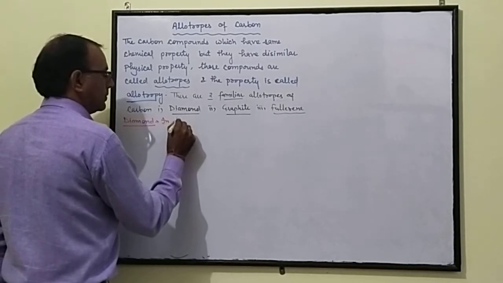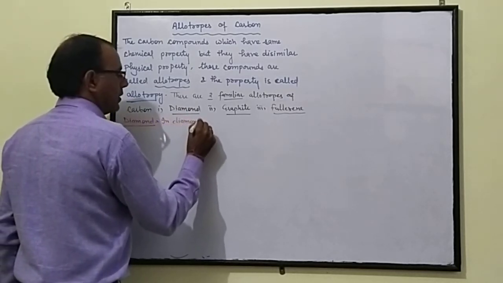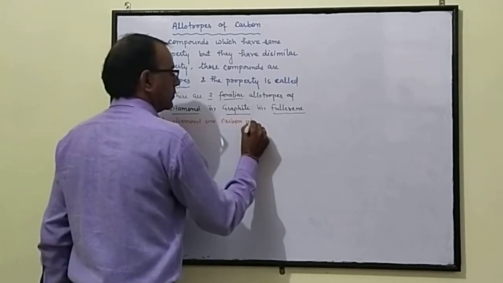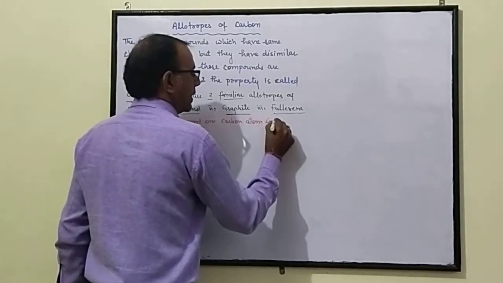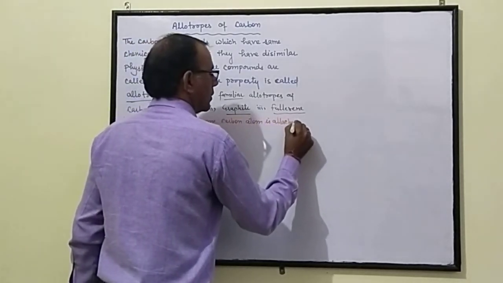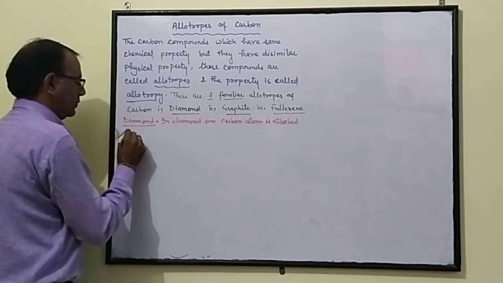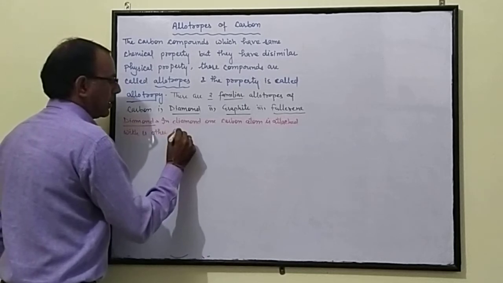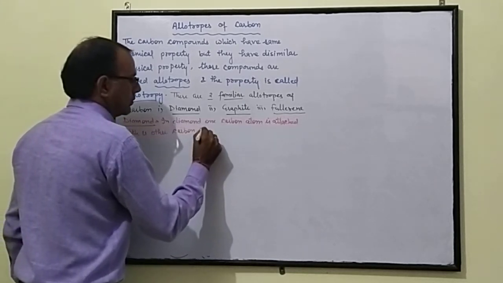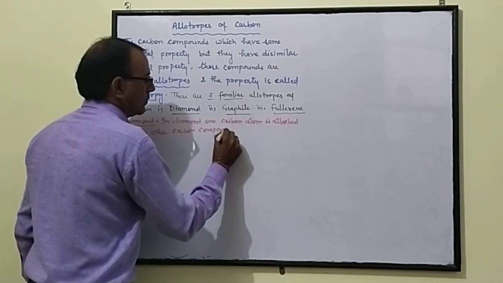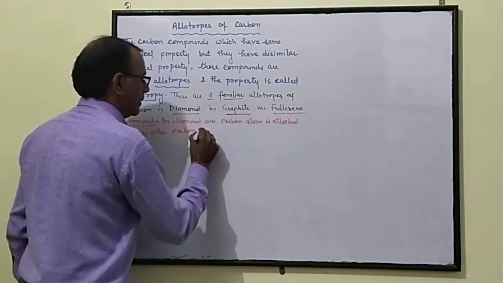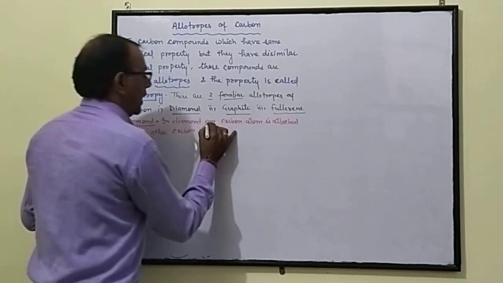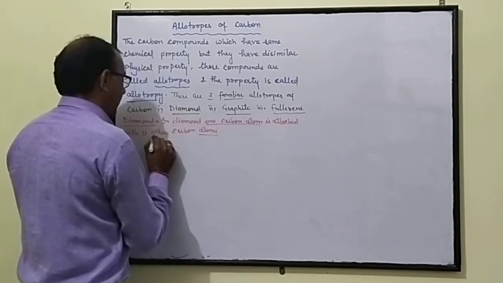In diamond, one carbon atom is attached with 4 other carbon atoms.